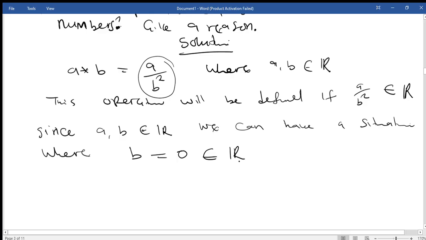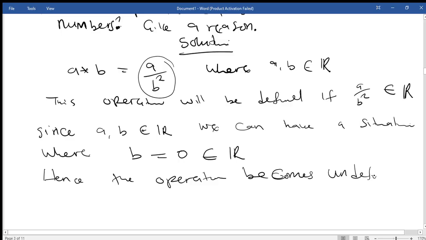Hence, the operation becomes undefined. If B is equal to 0 in the denominator, this is a fraction, so the whole expression becomes undefined. The reason why this operation is not defined on the real number set is because there exists a B equal to 0 in the real number set, making the operation undefined.